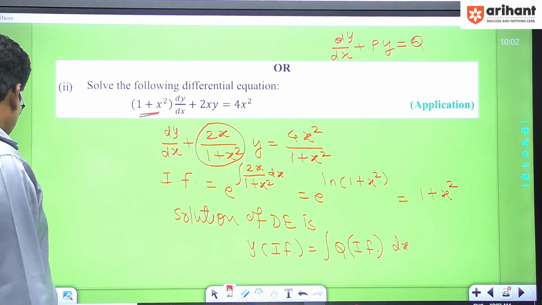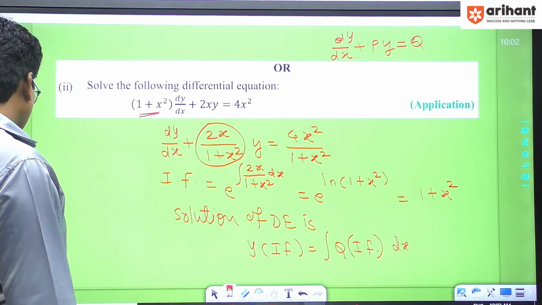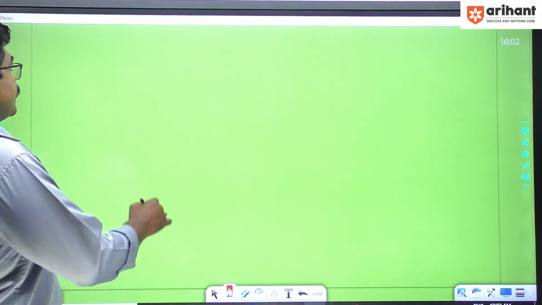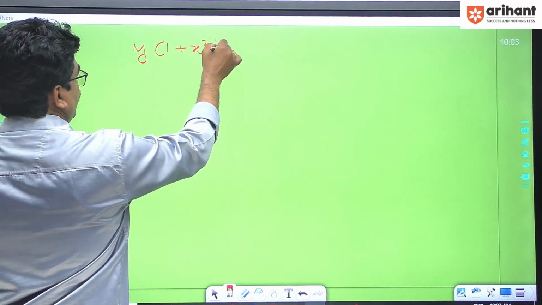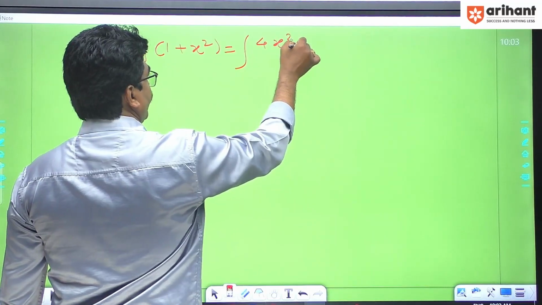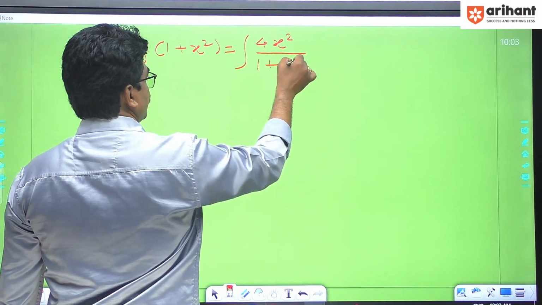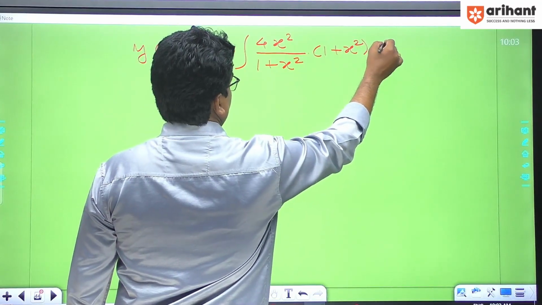Therefore solution of differential equation is y into 1 plus x square is equal to integral of 4x square by 1 plus x square into 1 plus x square dx.